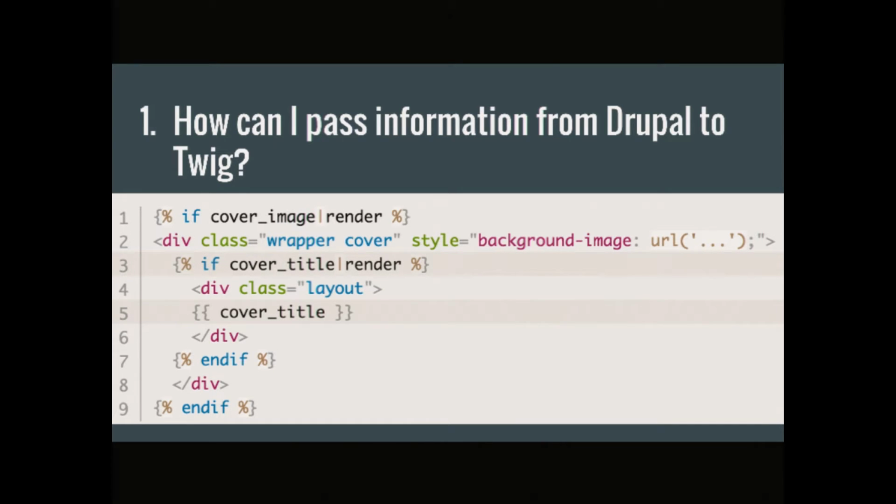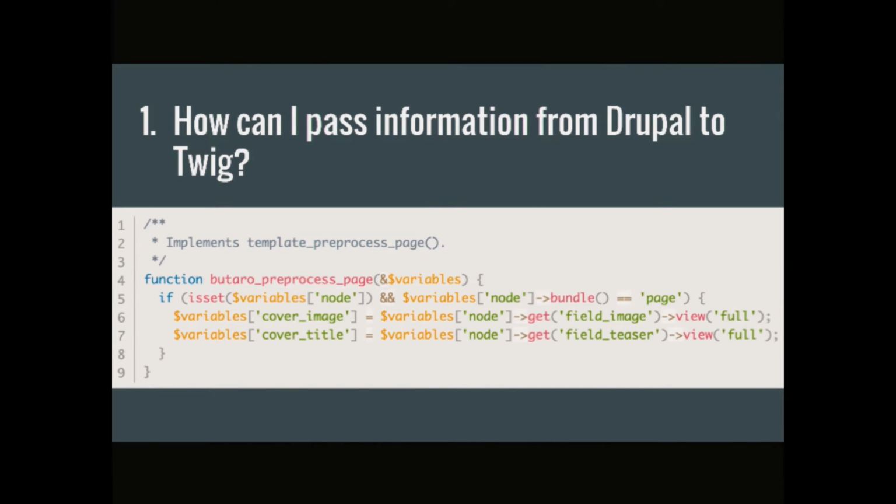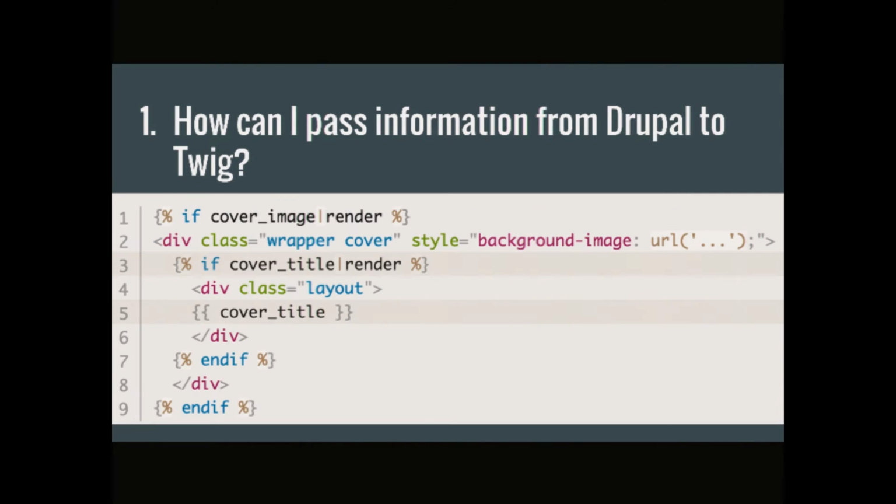If the variable doesn't exist, I don't want to create extra wrappers that are empty. So, because what I get from the view full at the end is a render array, if I just check if cover title, it's a render array. Even though the representation of that render array is nothing, it is still an array. So the test will pass.